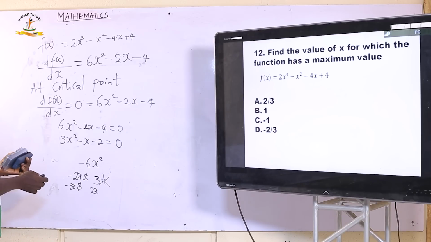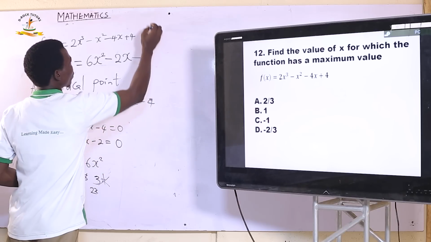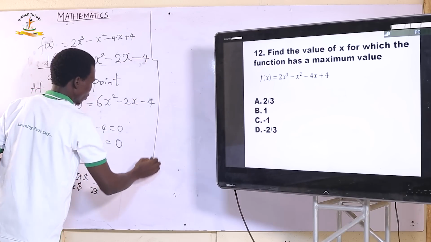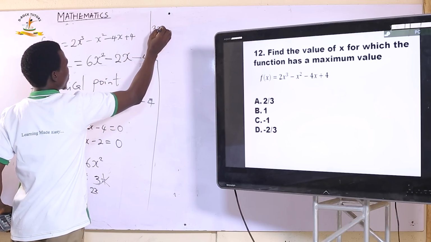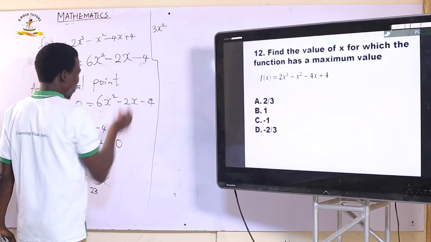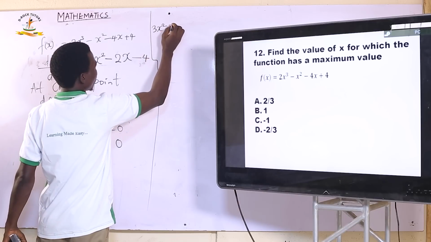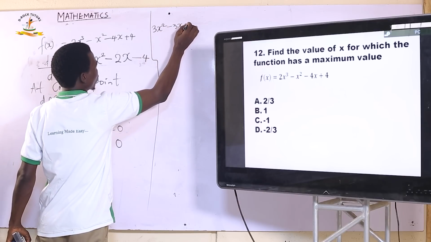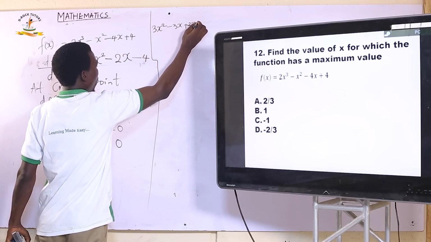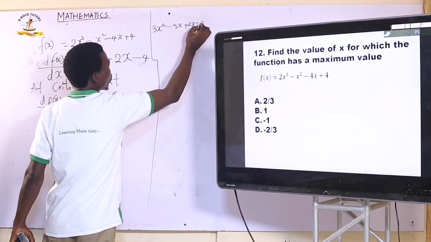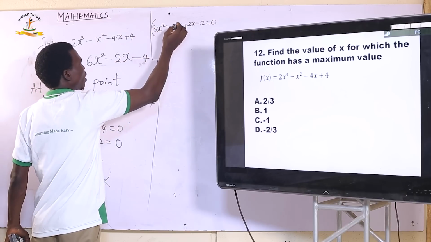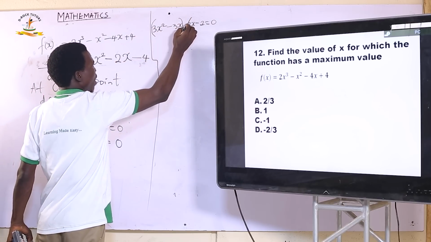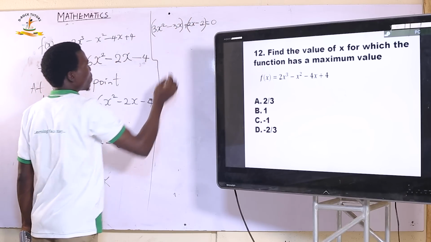So instead of writing minus x in our equation, we fix these two in there. And what do we have? We're going to have 3x squared, and instead of writing minus x, I just write minus 3x plus 2x minus 2 equals 0. I pick the first two and put them in a bracket, and the last two I put in a bracket.